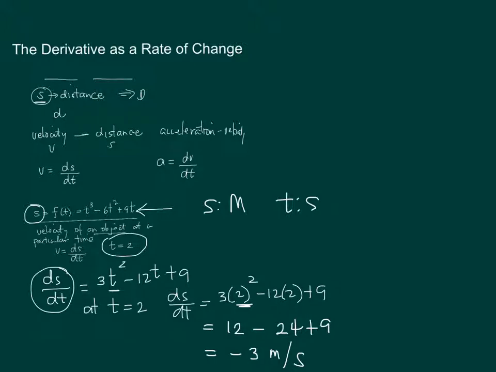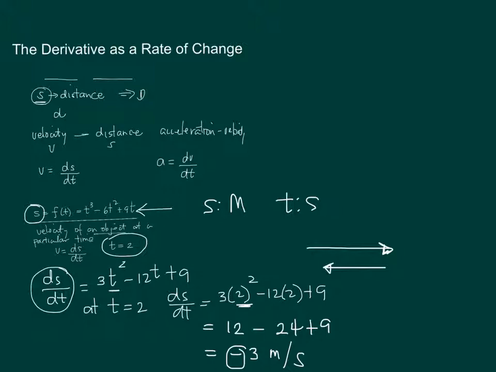Now, take note that when we are talking about velocity, the negative sign of the velocity is giving us the direction of the object. So if the initial direction of the object is going to the right, after 2 seconds, the object is moving in the opposite direction and its speed is 3 meters per second.